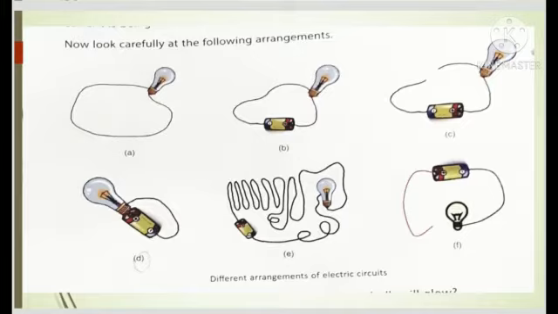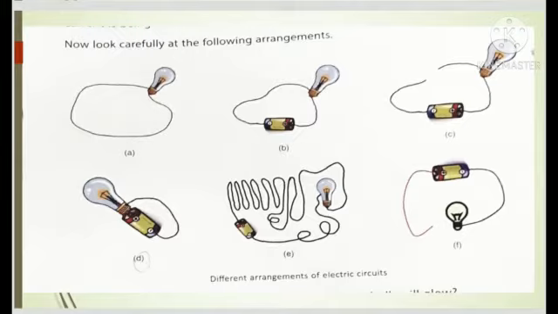In the fourth arrangement, there is a closed circuit made by the connecting wires, electric cell and bulb, and one terminal of the electric cell is connected to one terminal of the electric bulb. In this way, we can say the bulb will glow.